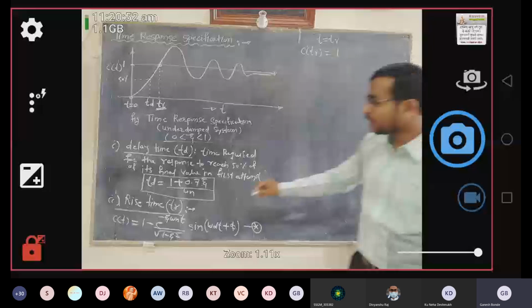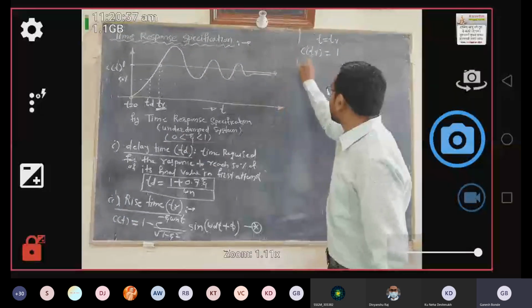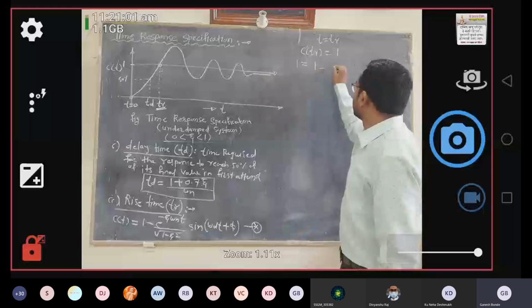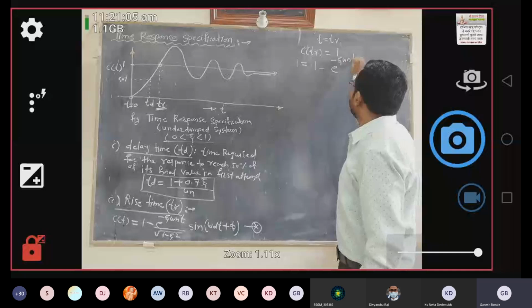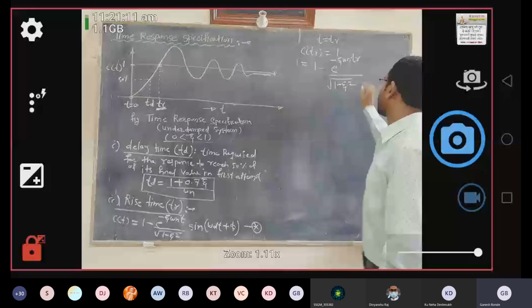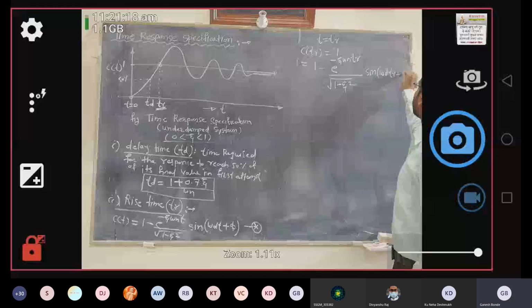So we get 1 equals 1 minus e raised to the power minus zeta omega n TR upon square root of 1 minus zeta square, into sine of omega d TR plus phi.